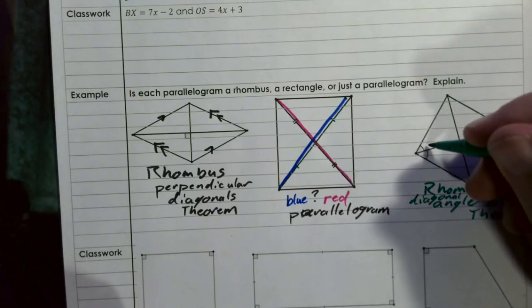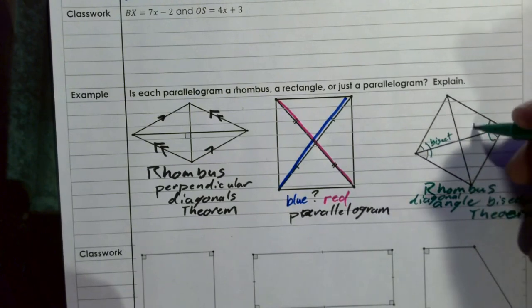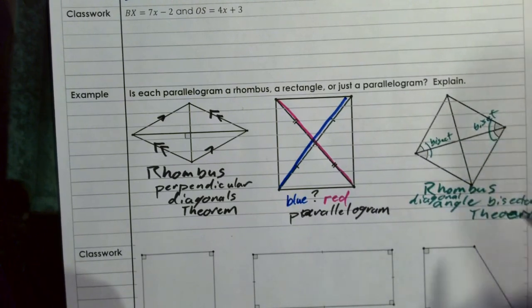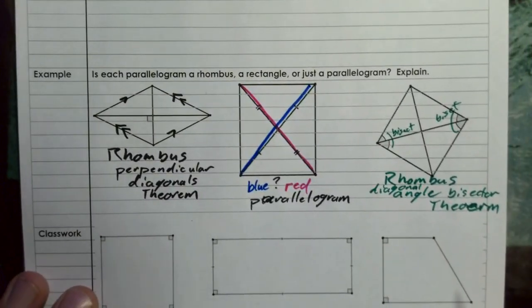But the fact that this is being bisected and this is being bisected, that means this thing has to be a rhombus. That is something true about rhombi.